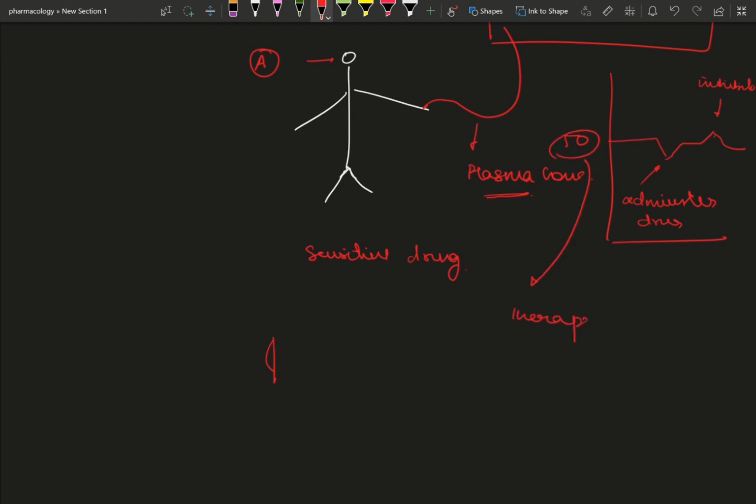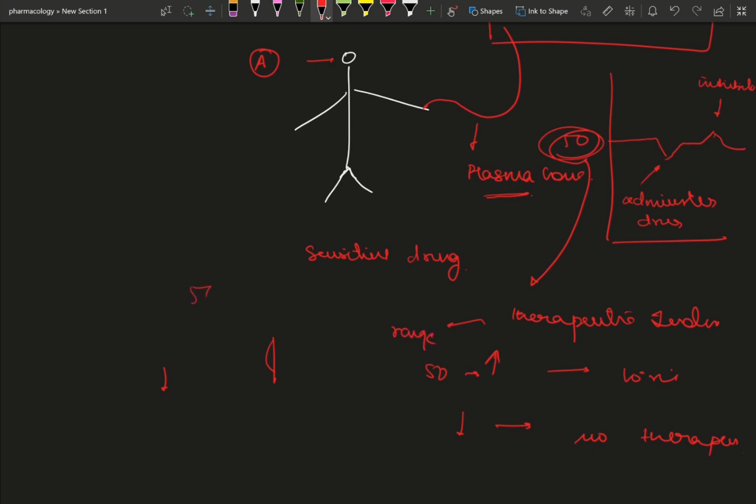By sensitive drug, what I mean is the concept of therapeutic index. What is therapeutic index? It's like a therapeutic window. Let's say a drug shows therapeutic effect only in a range like 50 to 60. Above that there will be toxicity, and below that the therapeutic effect won't be reached. So that is the therapeutic window.